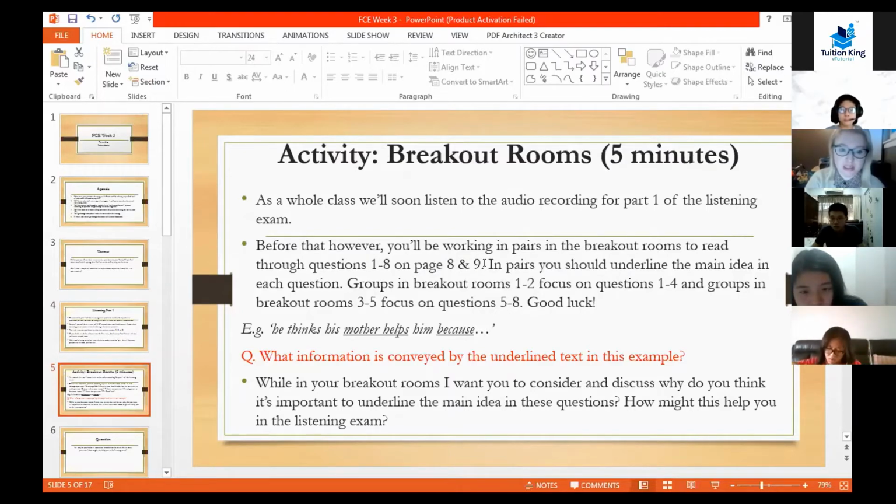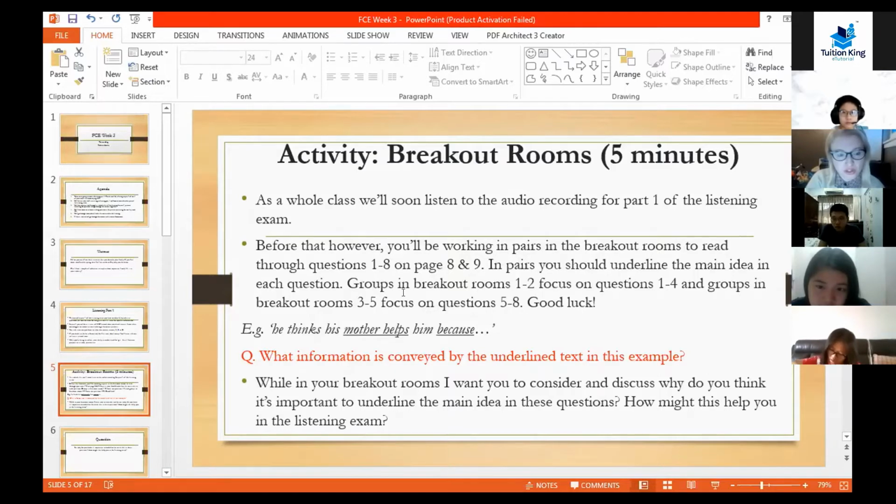In a little while, I'll put you in your breakout rooms in pairs. I think we have an even amount today, so if not, I'll think about how to do that as I'm organizing the rooms. So what I'd like you to do in your pairs is underline the main idea in each question.